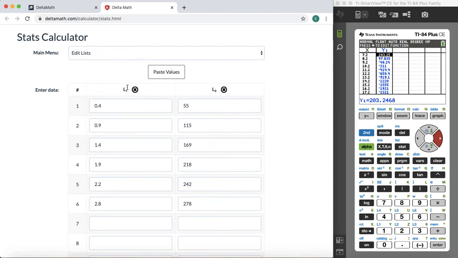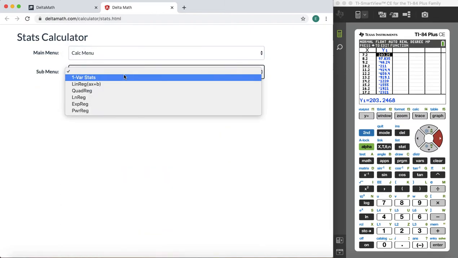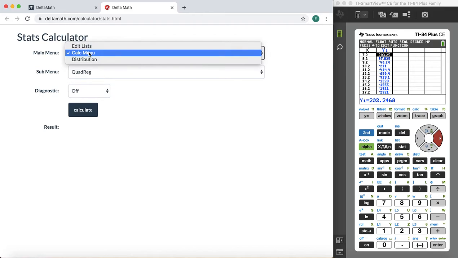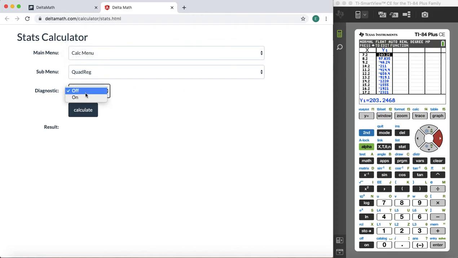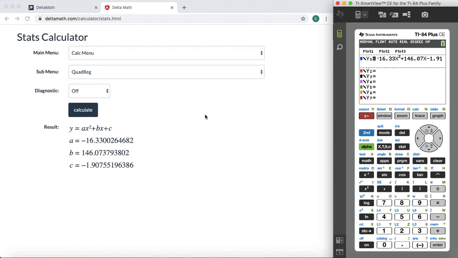Now, what I need to do is go to Calc menu, and I want to do quadratic regression. Diagnostics off, I'm not really sure, but anyways, I'm going to hit quadratic regression. If I hit calculate, I get negative 16.33, 146.07, and then negative 1.9. Perfect.